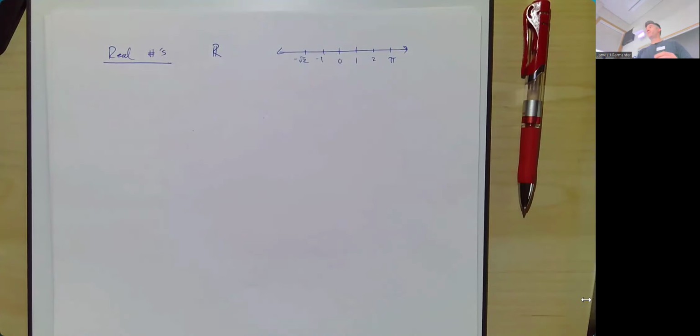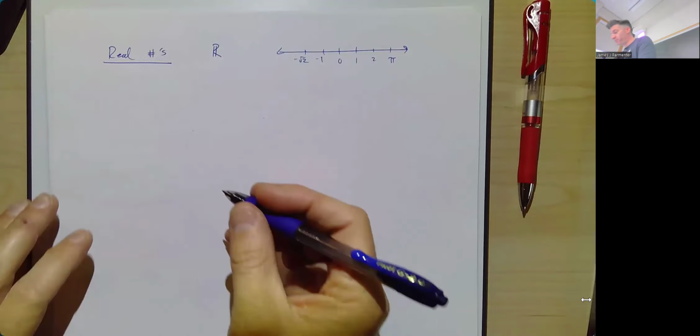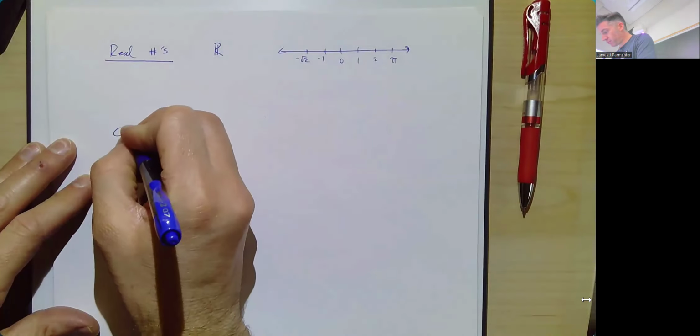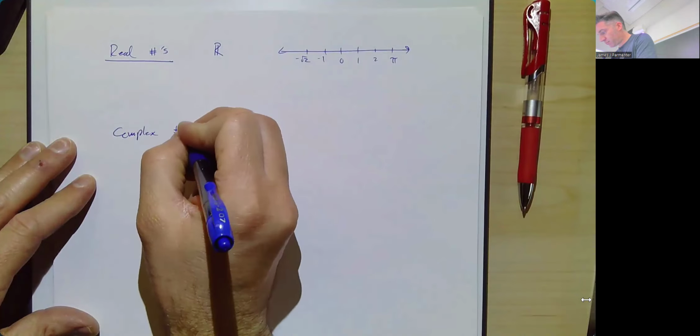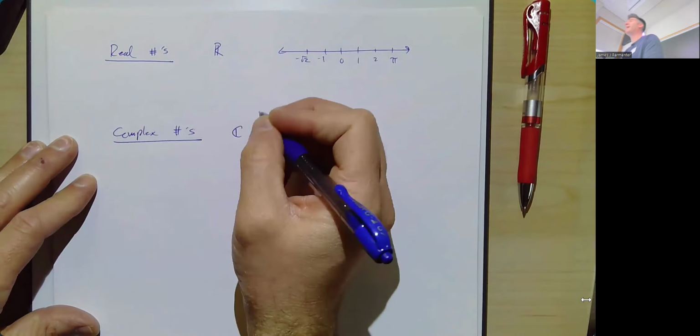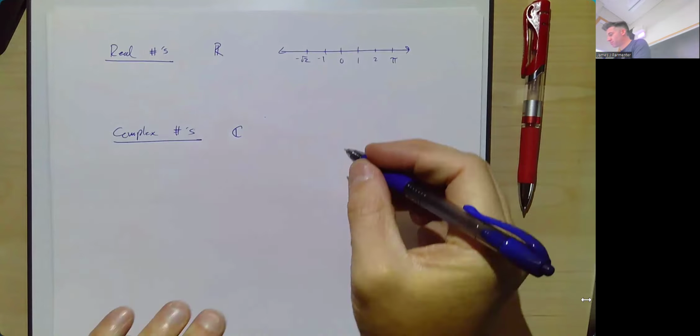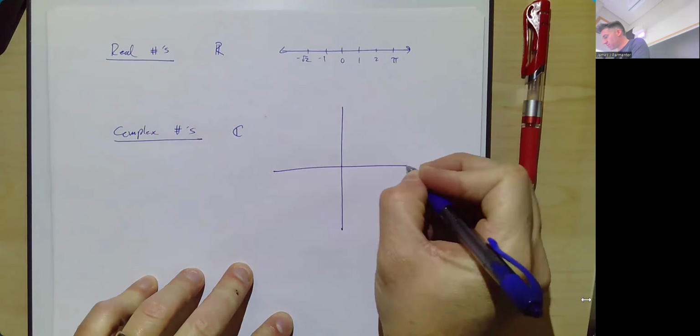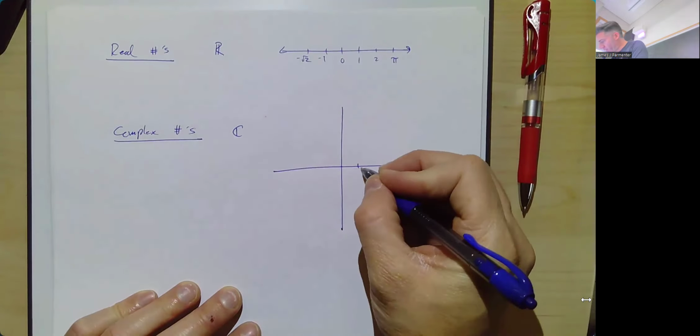Right, but you can have two different complex numbers that have the same sort of magnitude. It's like a vector. So on this plane, I'll try and plot some points here.